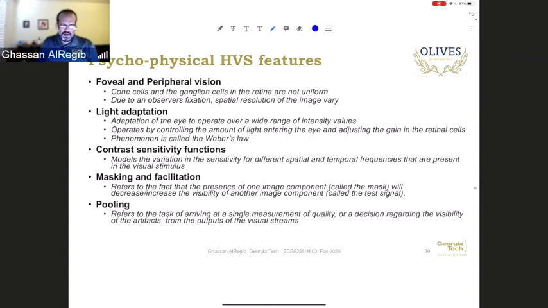And the second one is that our human vision system is very capable of adapting the mechanics in the eye to a wide range of intensity values, or a wide range of lighting conditions. All of us experience that when we enter a dark room. It takes some time before we adapt. So this kind of adaptation in our vision system can be a tricky one.